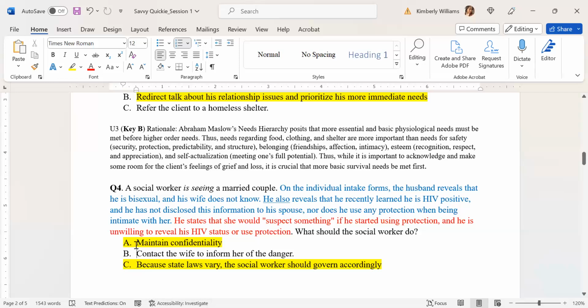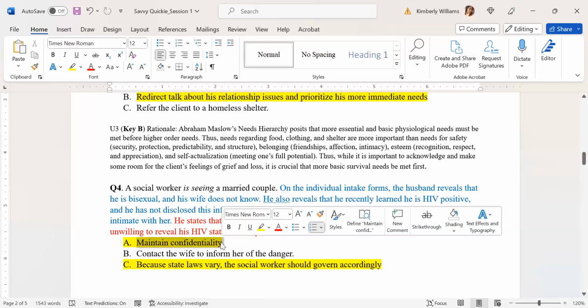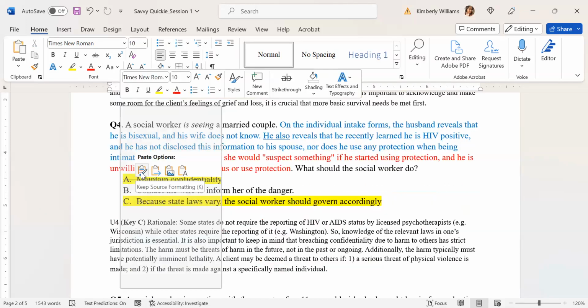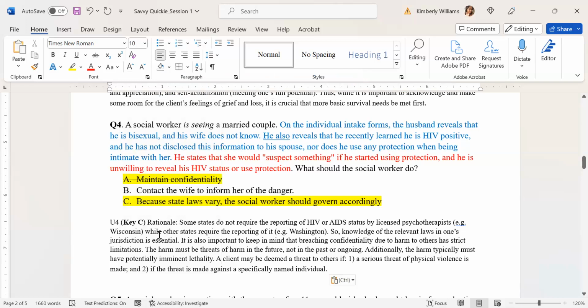Okay, and that is very correct. So that's why maintaining confidentiality is not correct, because you have to know what your state laws are, because there are some states that mandate that this is reported. Washington is one of the states that require reporting. I'm not sure about Texas, and I should probably know about Texas, but I don't.